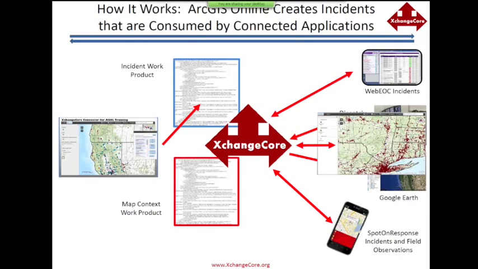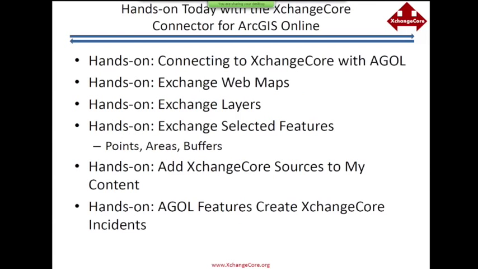What we're going to do today, we're going to turn it on live, with all the jeopardy that's always associated with doing a live demo, but love those. We're going to connect XchangeCore with ArcGIS Online, and exchange some web maps so everybody can say, okay, here's the big picture. And then that'll narrow down and say, all right, I just don't want to exchange this big picture.